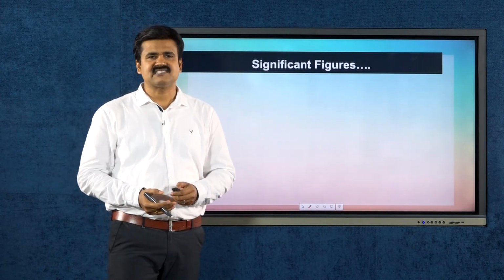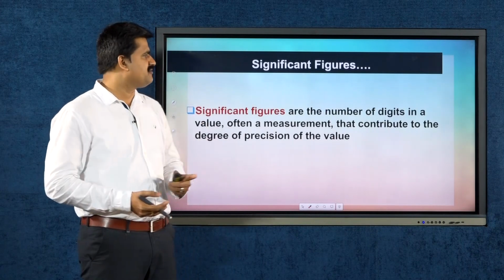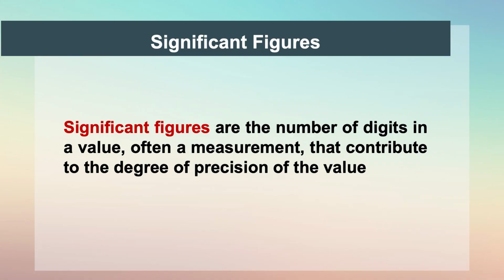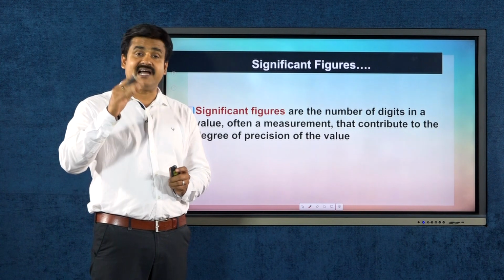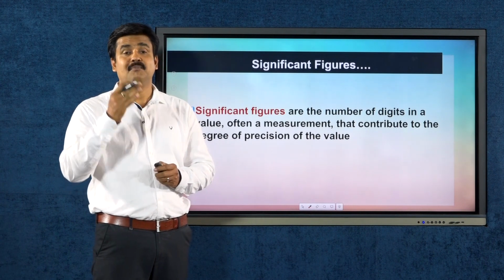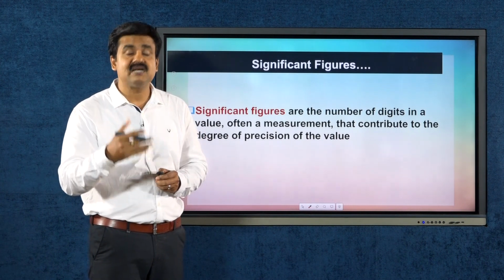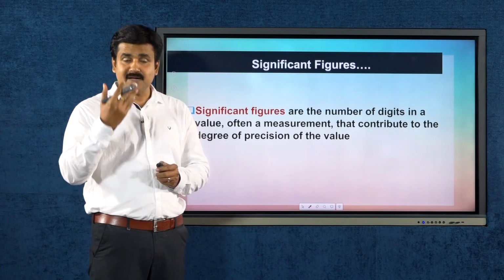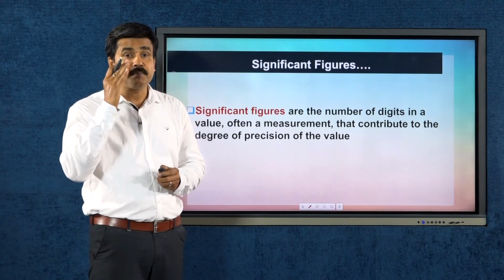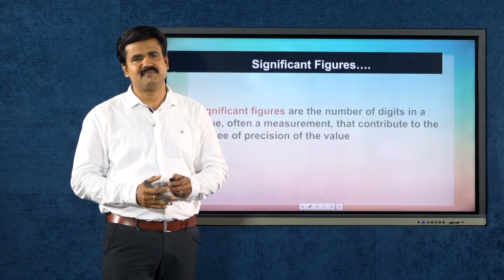Now, we are considering the significant figures definition. Significant figures are the number of digits in a value, often a measurement, that contribute to the degree of precision of the value. That is, the higher the number of significant figures, the more precise the measurement.